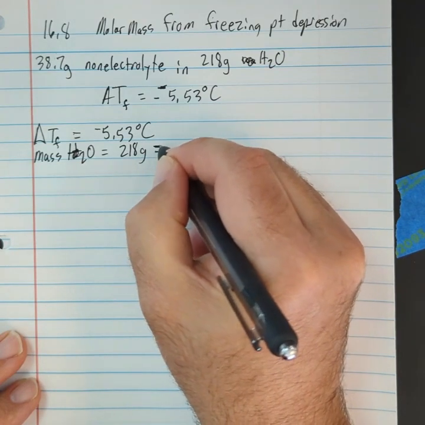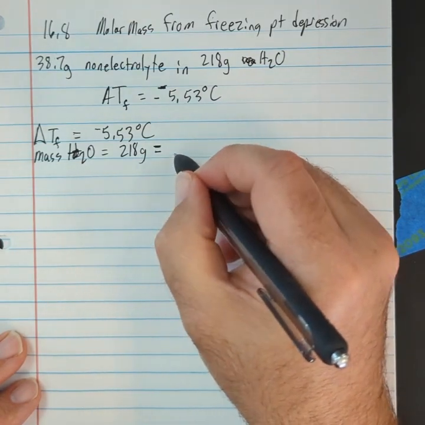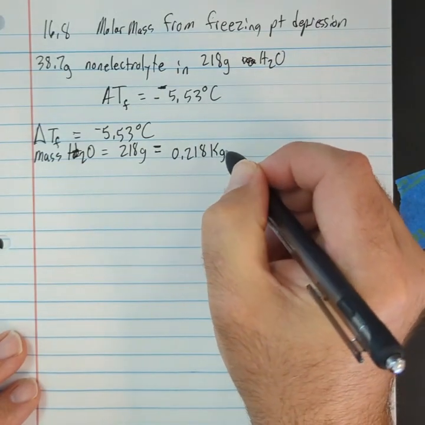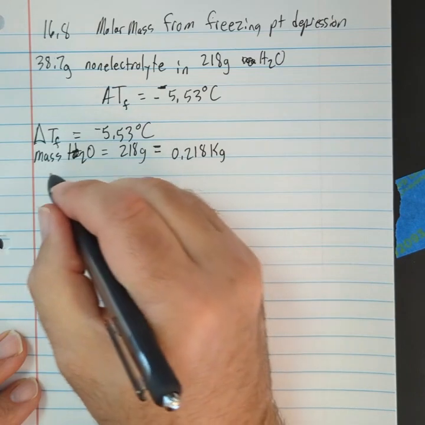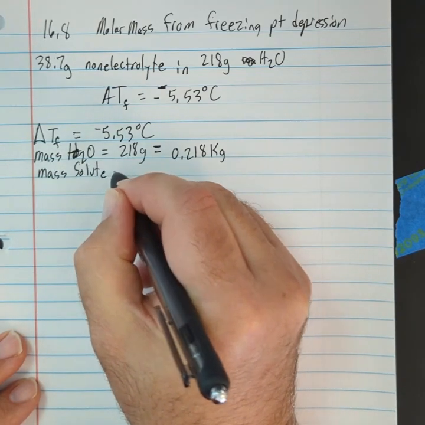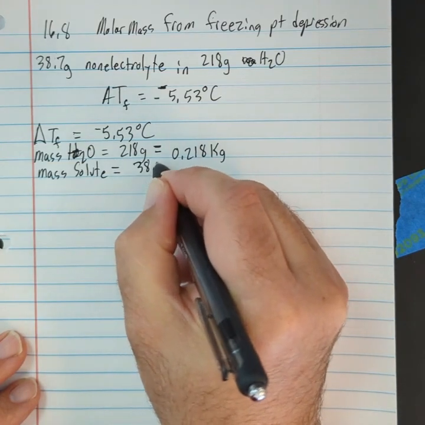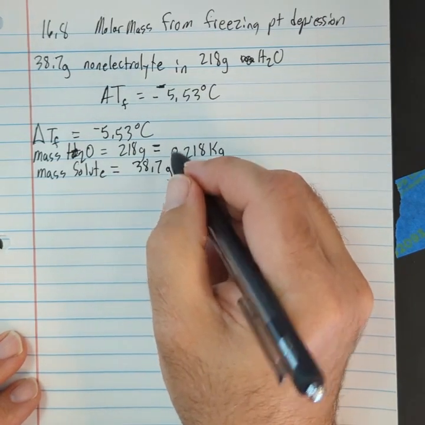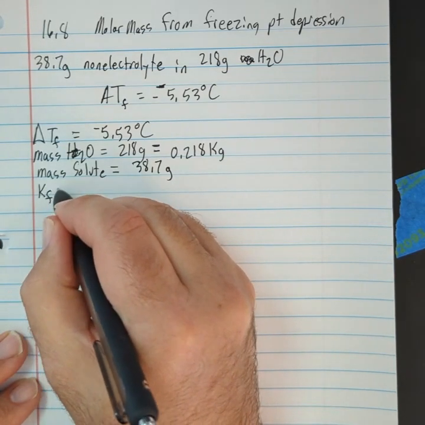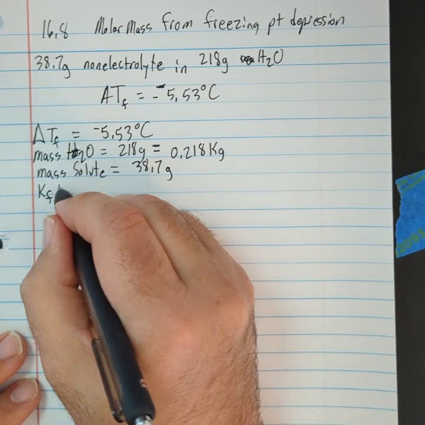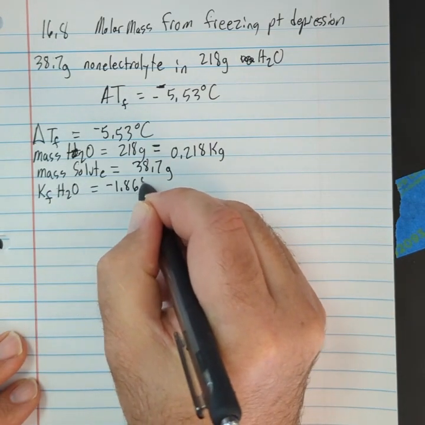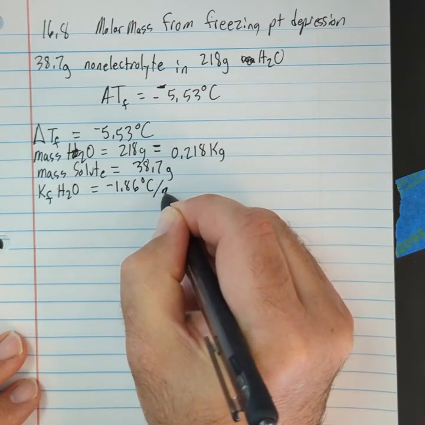We know we're going to need kilograms for molality, so we're going to change that to 0.218 kilograms. Okay. We know the mass of the solute. We don't know what it is, but we know the mass of the solute is 38.7 grams. All right? And we know that the freezing point depression constant of H2O is negative 1.86 degrees Celsius per molal.